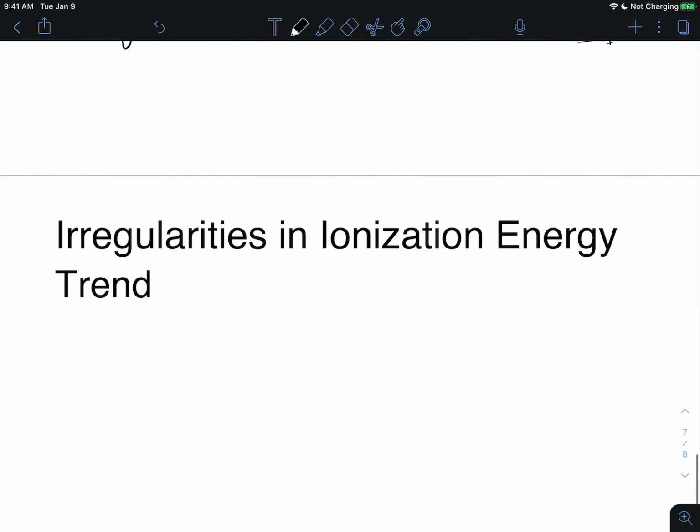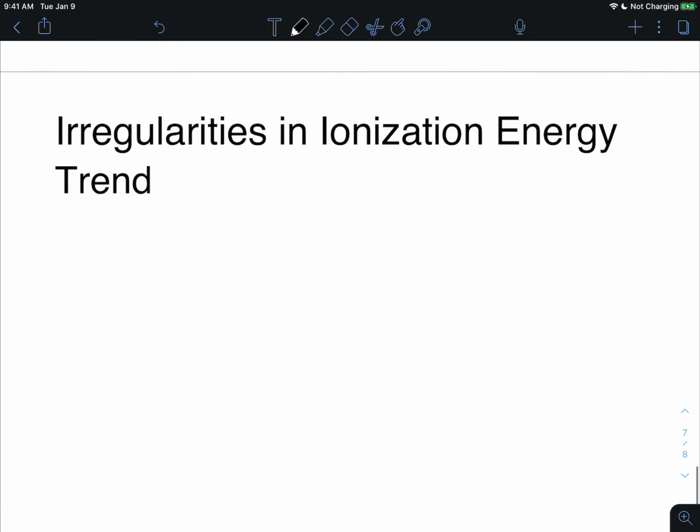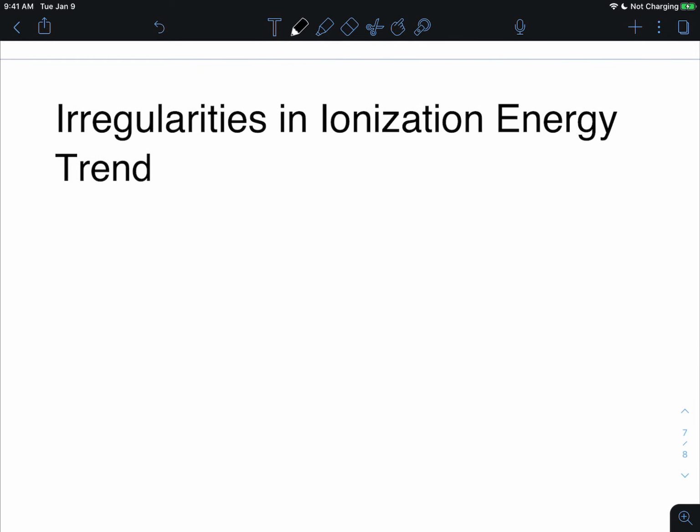Now, you might be looking at this trend and seeing some irregularities within here, and that's because there are some irregularities. So for instance, if we remove electrons from a subshell which only has one electron, the trend is not always followed.